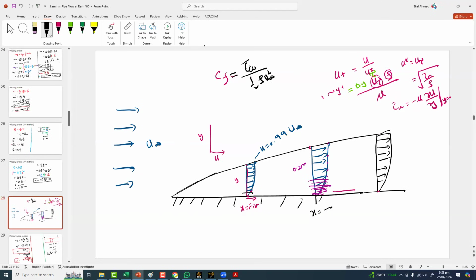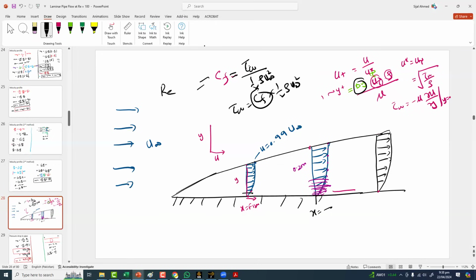From here, I know the correlations of CF in terms of Reynolds number. So I can find the wall shear stress as CF times 1/2 rho u infinity squared, with CF from the corresponding relationship based on the Reynolds number. Now I can estimate the first cell height based on my y plus requirement.